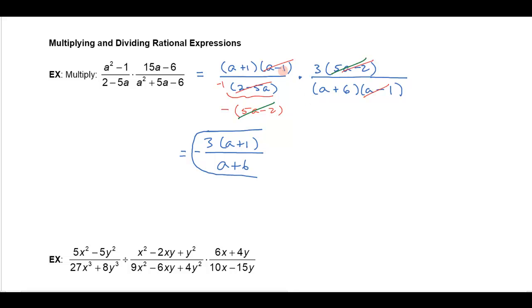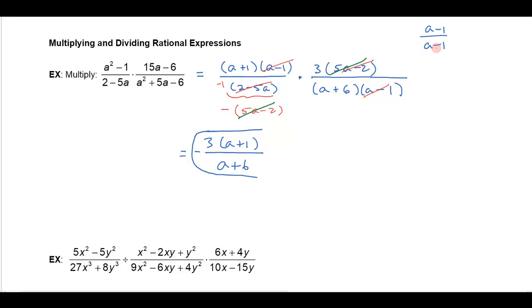Remember that when I cancel, for example, the a minus 1, what I'm really doing is I have a minus 1 over a minus 1, which is going to equal 1 for almost every value of a. If a was equal to say 0, I'd get negative 1 over negative 1, and that would equal 1.